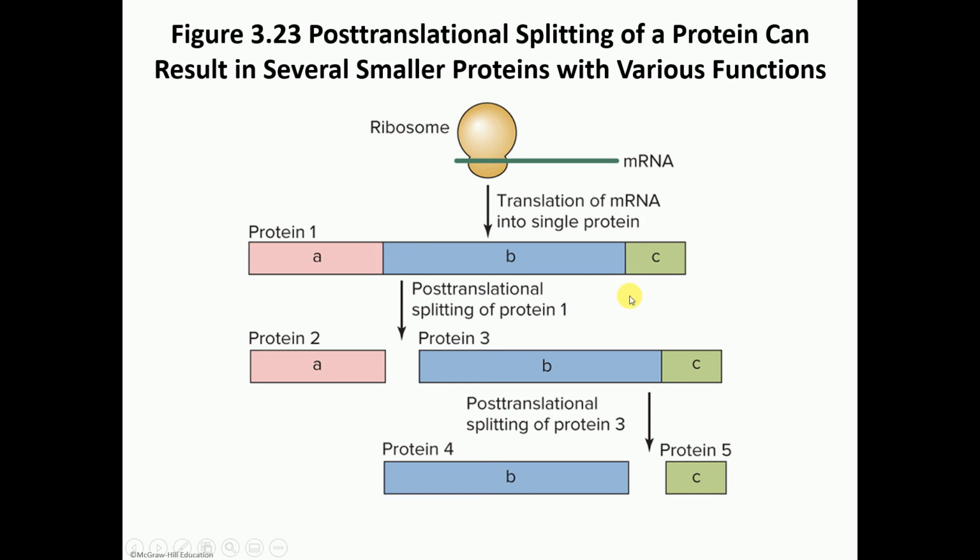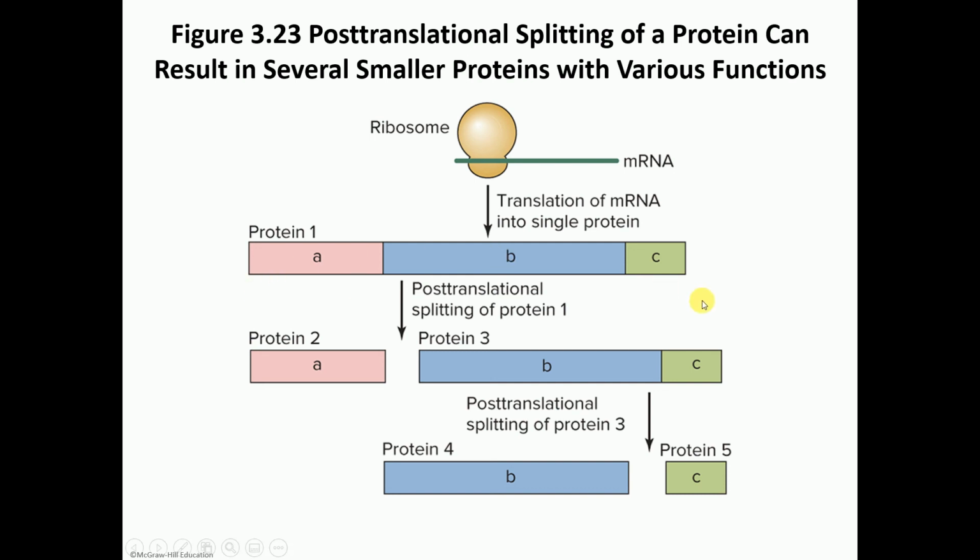So you see this big protein could be protein 1, or we can slice it into just the A portion, B portion, or C portion, or we can make bigger proteins like B and C together. So there are different proteins that can eventually come out of that one protein that was just made.